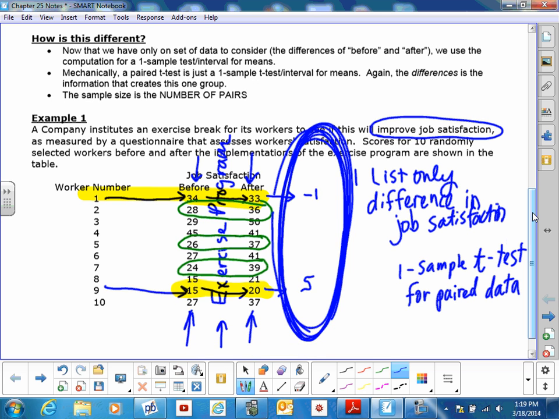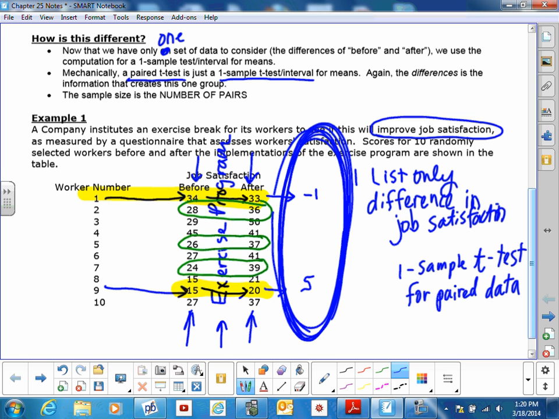And in summary, what's different about this, say from yesterday, where we had two separate groups, is now that we only have one set of data to consider, which is the differences, we use the computation for one sample test. Okay? Mechanically, a paired t-test is the same as a one sample t-test or interval for means.